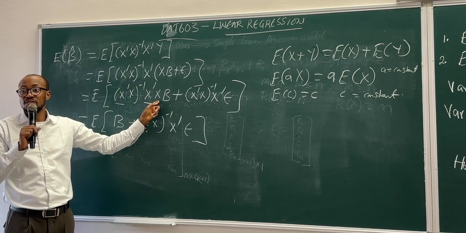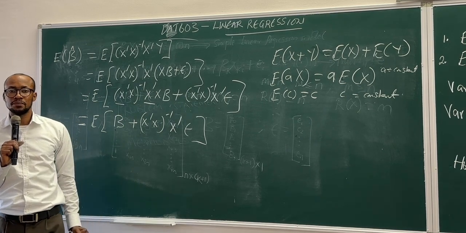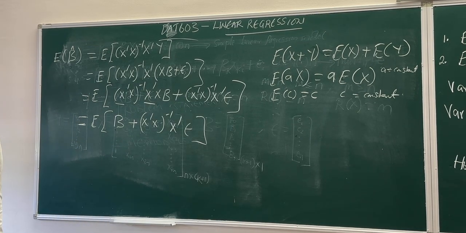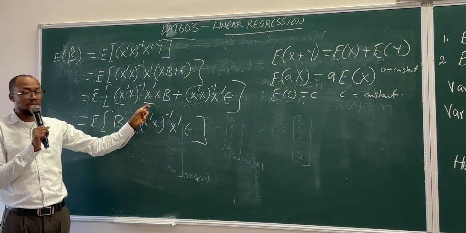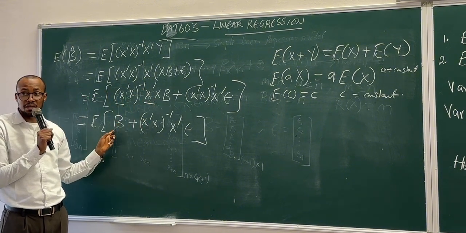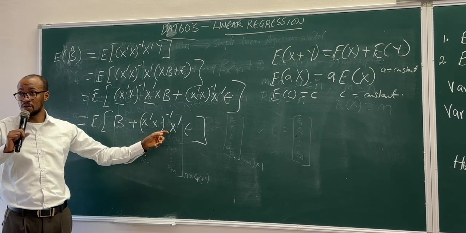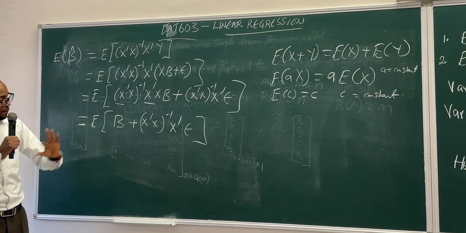Of course, this is multiplication, right? Then here, you see what's happening? This is the inverse multiplied by the matrix itself. It's going to become 1. It goes away. That's why we're left with beta here. But this will definitely subsist.